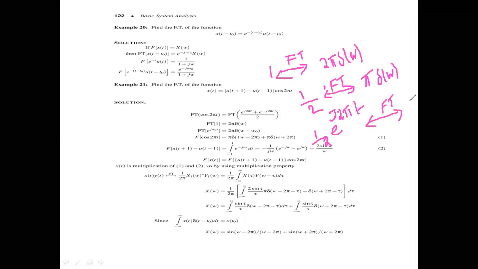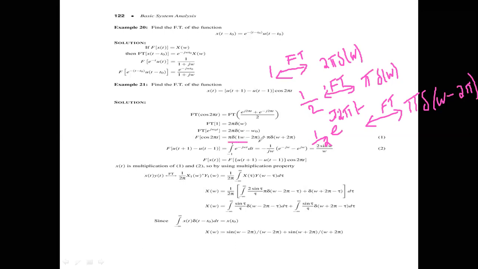The multiplication factor with t is 2π, so it is πδ(ω − 2π).